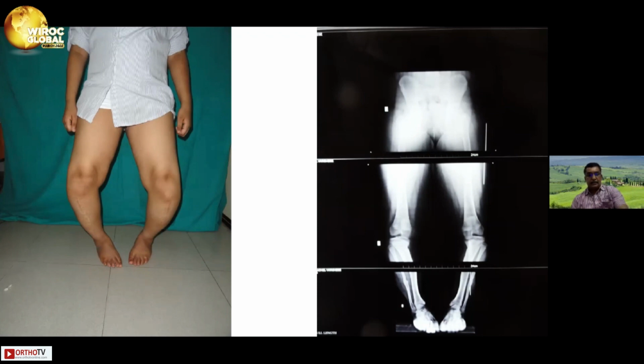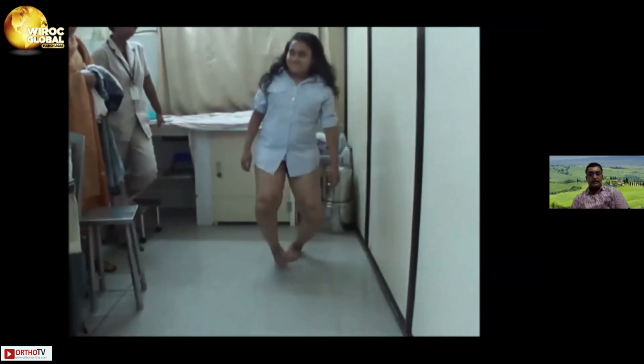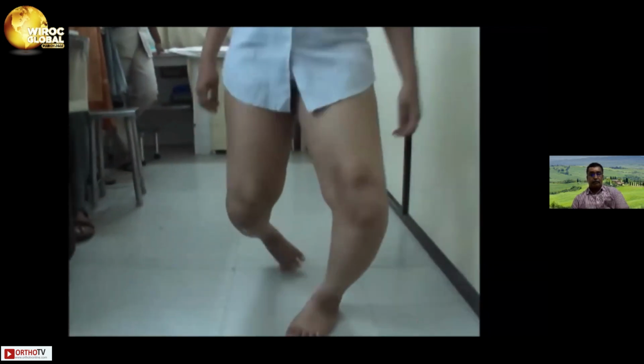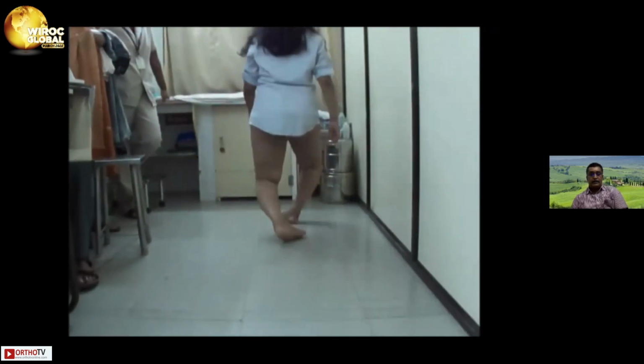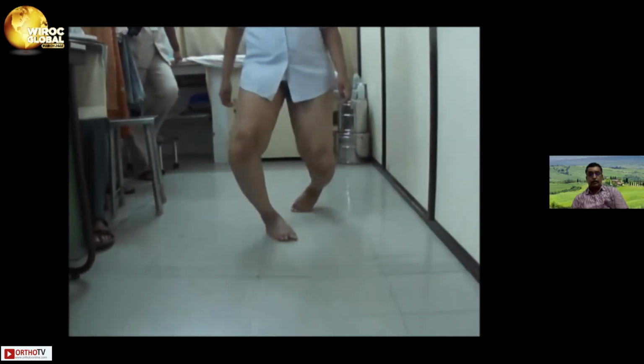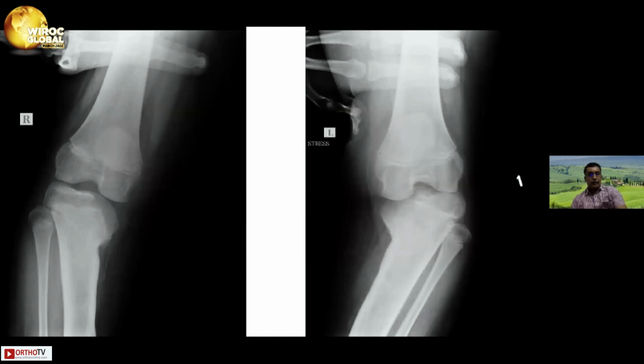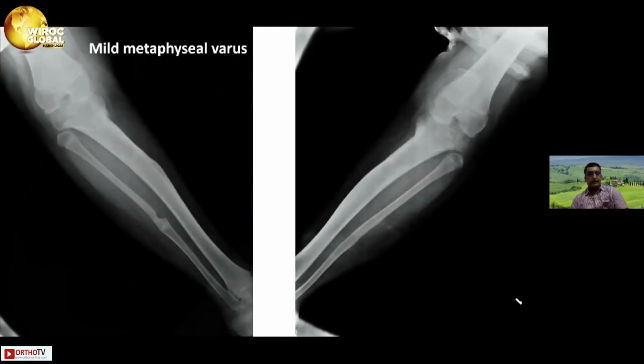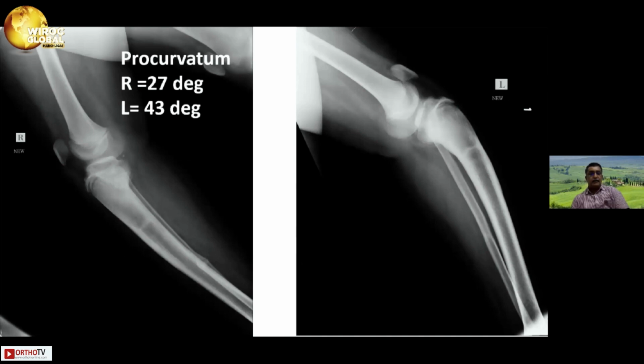Now this is her picture. This is her gait. There is some amount of internal rotation also, especially on the right side. That is the X-ray, stress views. The epiphyseal depression is there, and the metaphyseal varus. We measured the procurvatum.